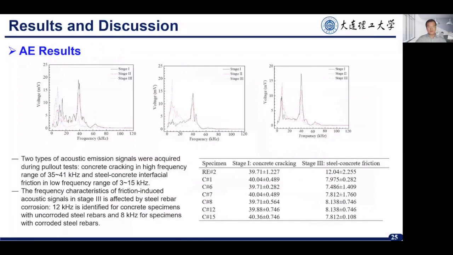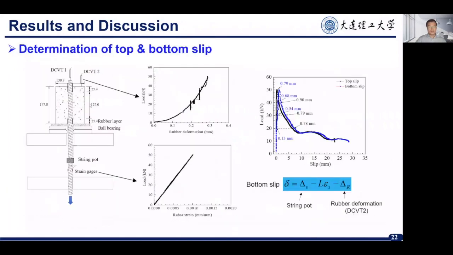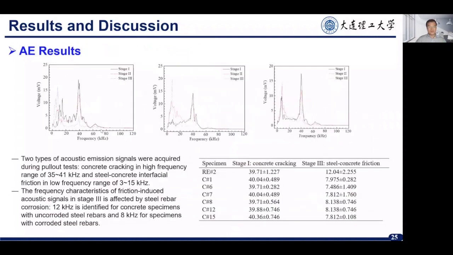And this is the acoustic emission signals during the pull-out test. We also transfer this time domain signal into the frequency domain, and we divide this signal into 3 stages, corresponding to these 3 stages, 1, 2, and 3. This shows a frequency plot for these different specimens.